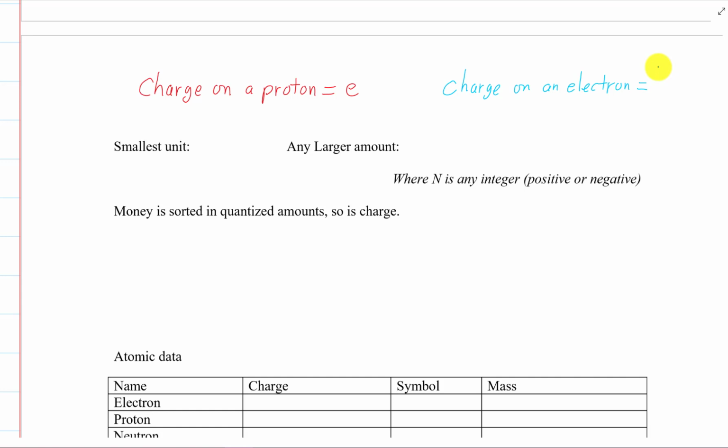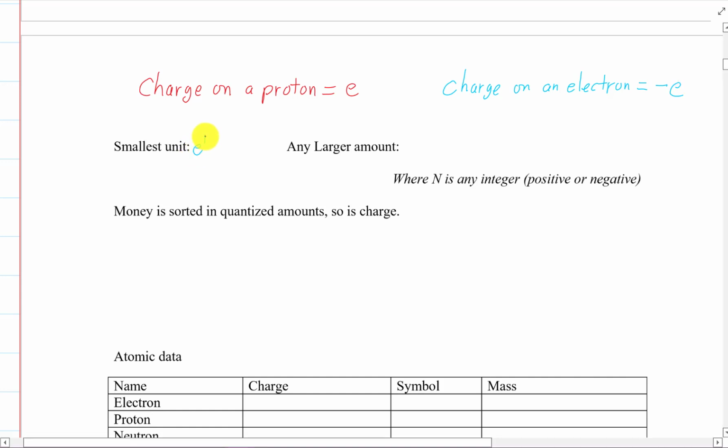What's the charge on an electron? No one want to hazard a guess and be wrong? Okay, YouTube fans, just tell me. Oh, I hear someone on the YouTube. They said negative e. That's correct. It's the same charge as a proton, but negative. So an electron has a negative elementary charge.